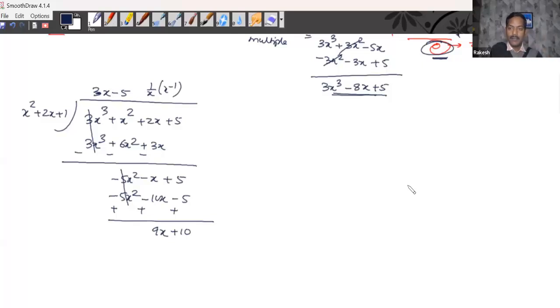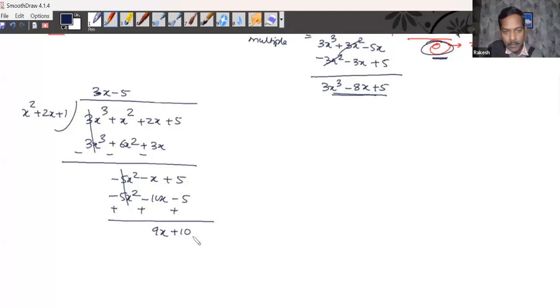But in the video on polynomials, we saw that an algebraic expression is called a polynomial only if the powers are non-negative integers. Here the power is a negative integer, so we can't take it, because we have to ensure that the quotient is also a polynomial. So here we will stop.